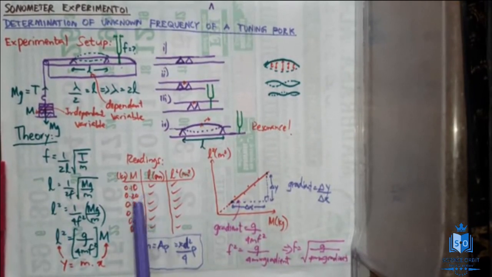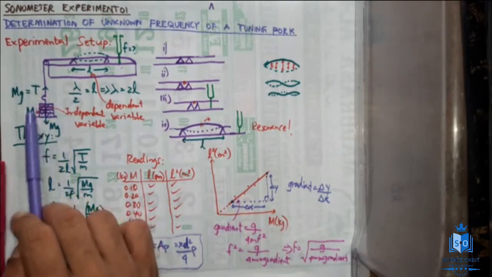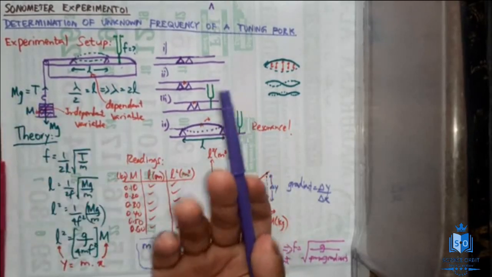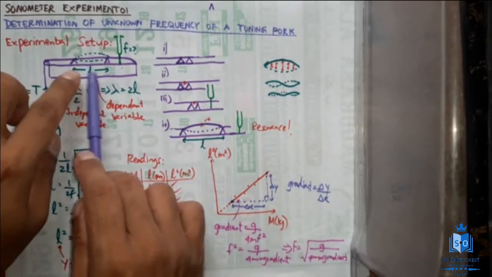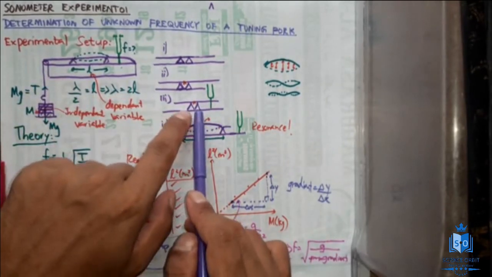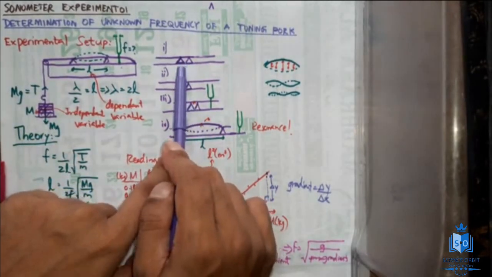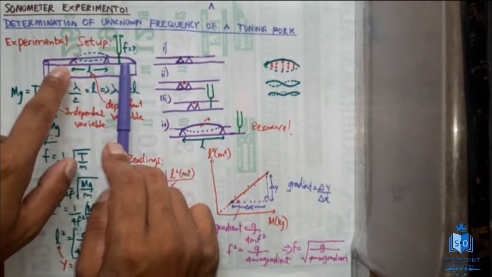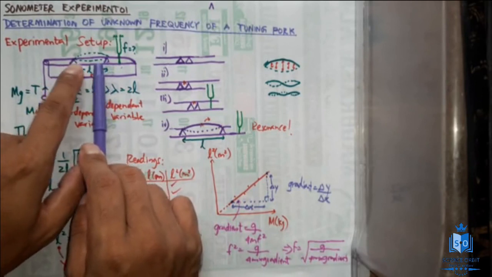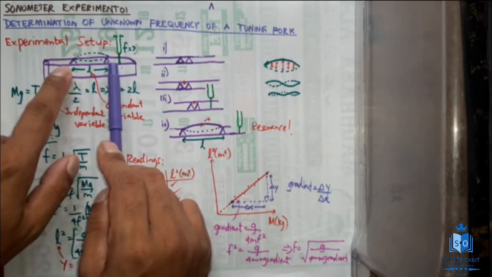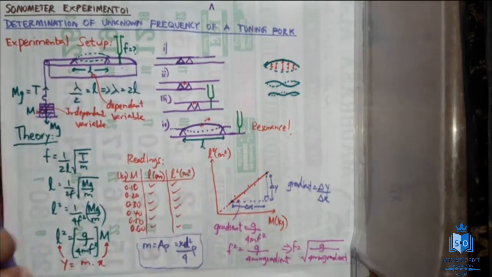So, when you use the masses in ascending order, for 100 gram, let us say the length is 10 centimeter, for 200 gram, let us say 13 centimeter. When you add another 100 gram, you do not have to bring the bridges close again. Why is that? Because we know definitely the next length is going to be greater than 10 centimeter. So, without bringing the bridges closer, we can keep on moving from the initial position itself: second length, third length, fourth length. That is an advantage.